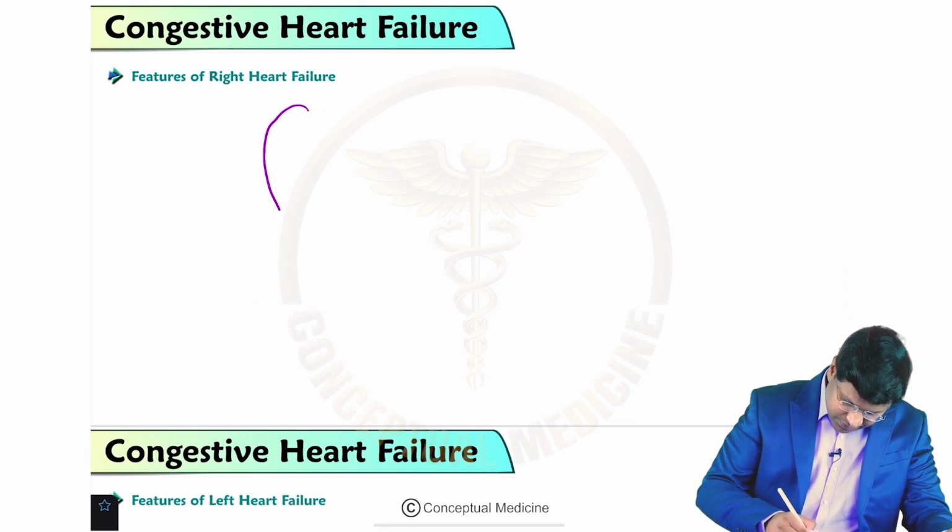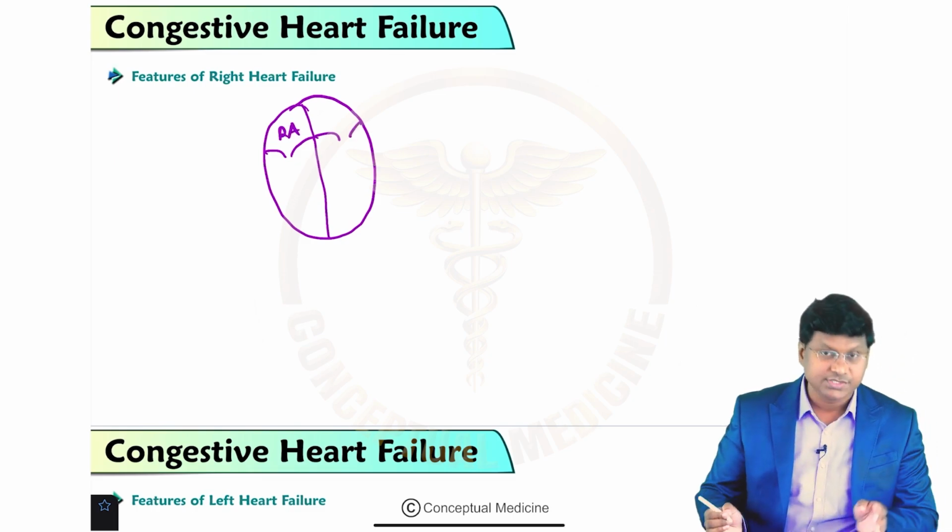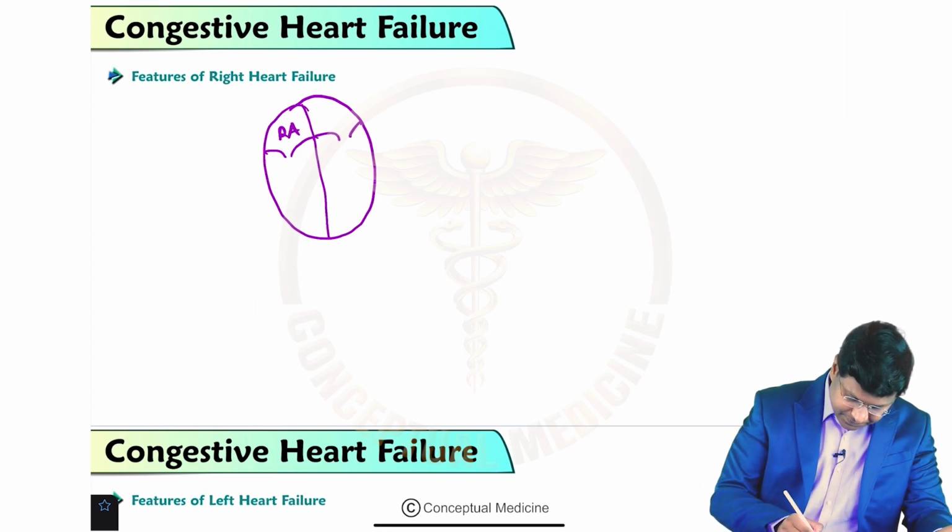So if you see, this is the four-chambered heart, with the tricuspid valve and then the mitral valve, and into this right atrium, the inferior vena cava opens.